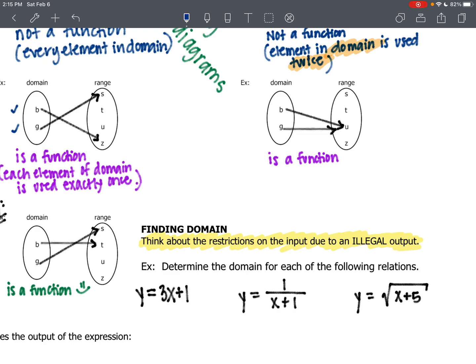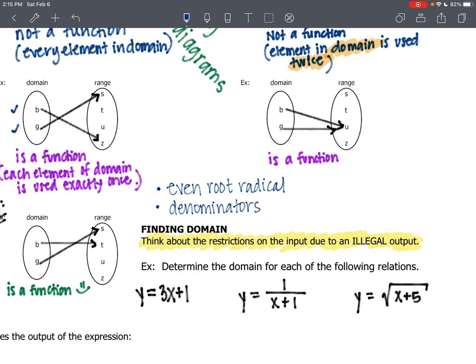A square root, how about an even root radical, has an issue which we need to address. Denominators create issues that we need to address.